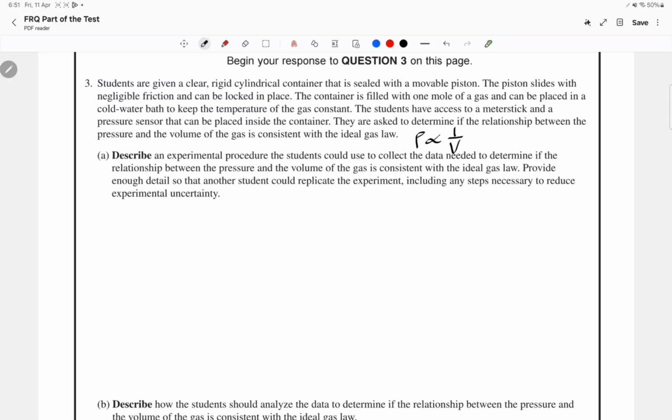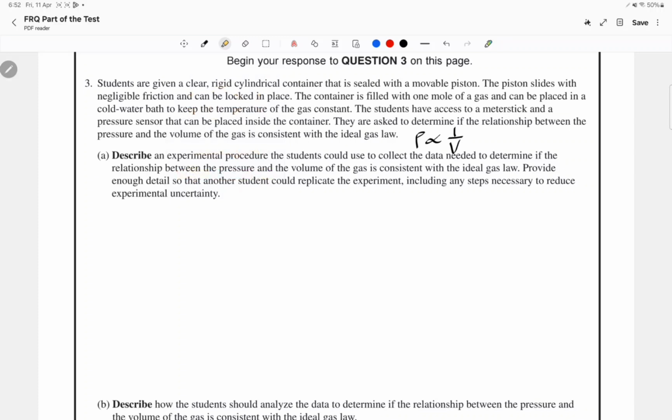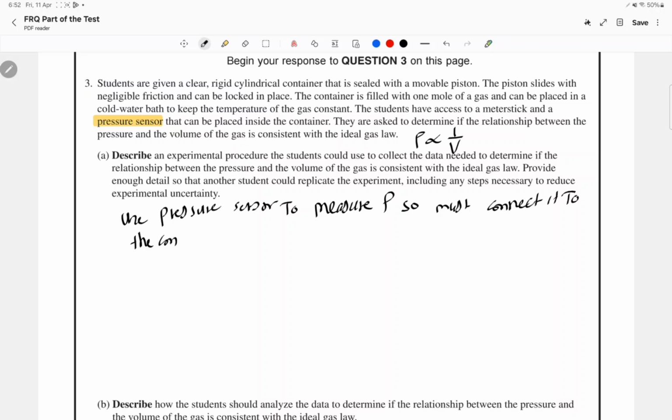Okay. So first of all, do we have to find the pressure? Yes, because we have to establish that. And we are given a pressure sensor here. So we're going to say use the pressure sensor to measure the pressure. You must connect it to the container.